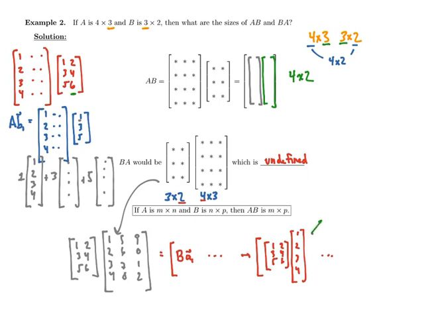But this multiplication doesn't make any sense, because this should be the linear combination of the columns of B. So this should be 1 times 1, 3, 5, plus 2 times 2, 4, 6, the second column of that matrix B, plus 3 times, there's nothing there, and then plus 4 times, there's nothing there because we've already used the columns of B. This doesn't make any sense. This is undefined. These entries have to match.